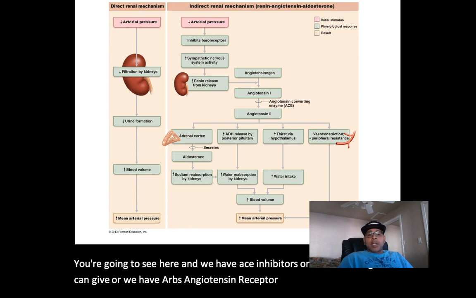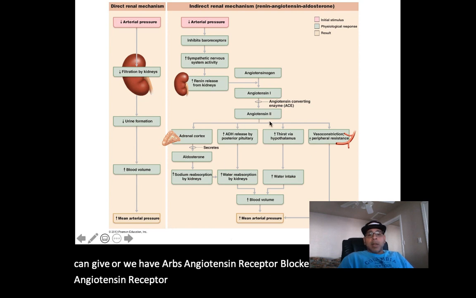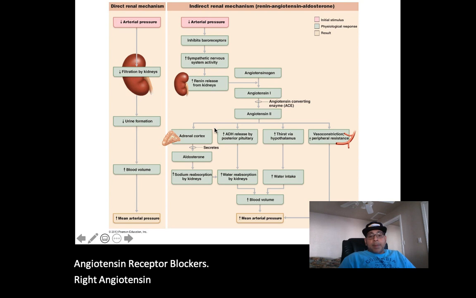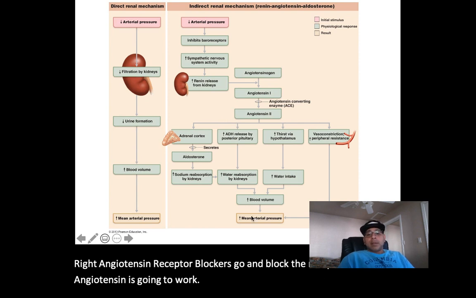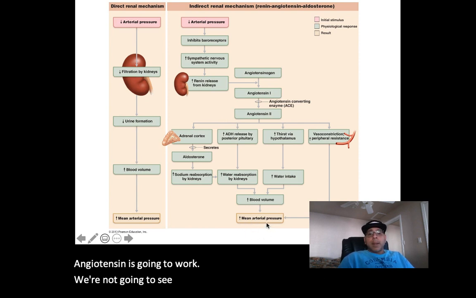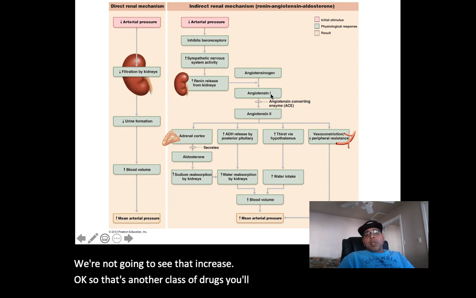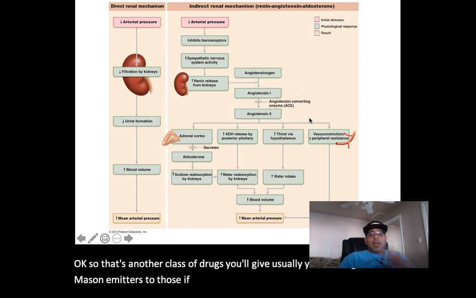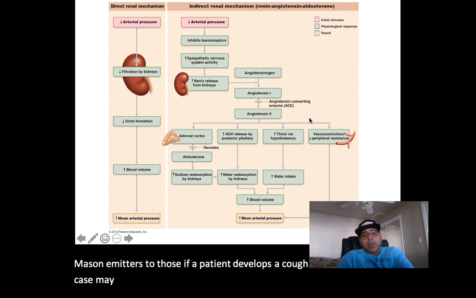Angiotensin receptor blockers block the receptors on which angiotensin is going to work, so we're not going to see that increase. That's another class of drugs you'll give. Usually you'll change from ACE inhibitors to those if your patient develops a cough or whatever the case may be for your patient. That's what you have to look at.